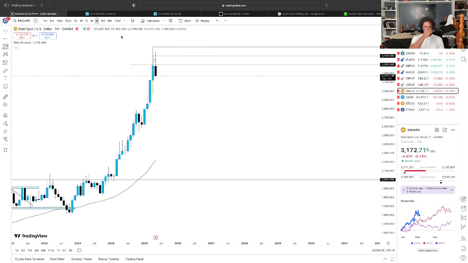So on gold, price action has created a bearish candle with a large upper wick.